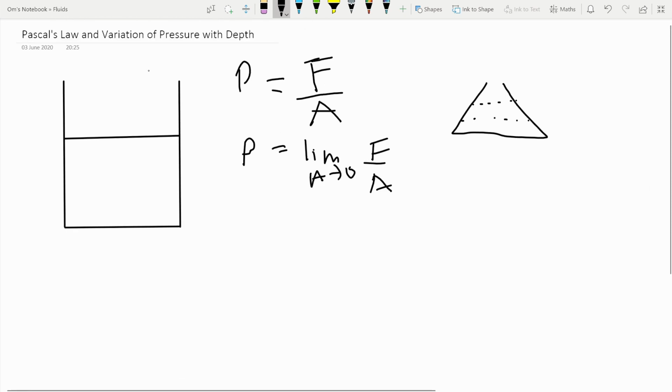Alright, so for the purposes of the proof, we are going to consider a triangular prism within the container. Now this is not actually a solid prism that has been made of glass or something like that. This is only a hypothetical shape. That is, we are only considering a volume within the fluid.